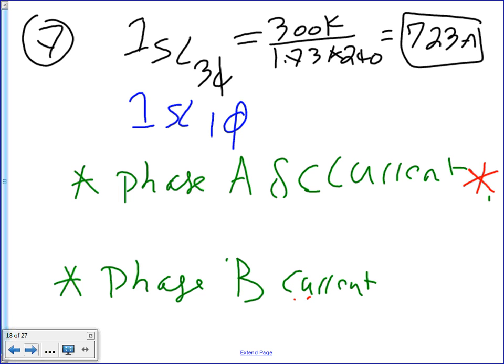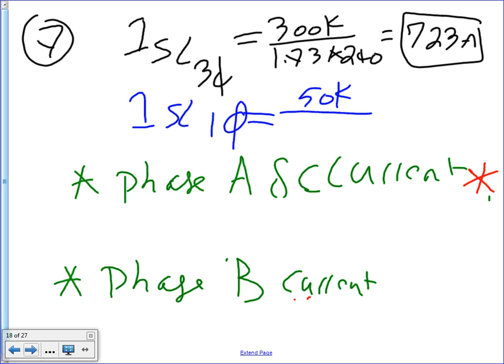Now the neutral is only 50. Remember, it's only the 50, and the neutral voltage, Aaron, is 120. But you're going to take half of the load and put it on one leg, and the other half you're going to put on the other leg.